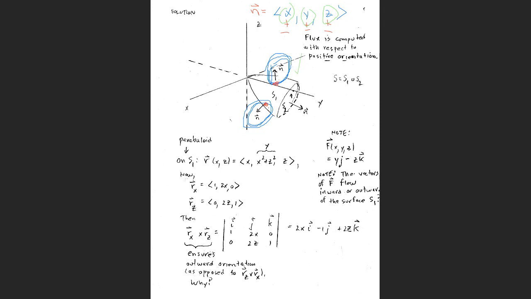Based on these normal vectors, they can go up, they can go down, they can go forward, they can go backward. Can they go both left and right? The normal vectors protruding from the surface S1.